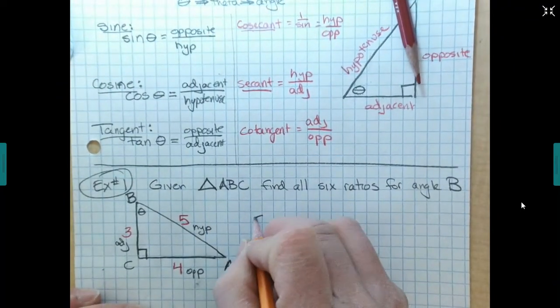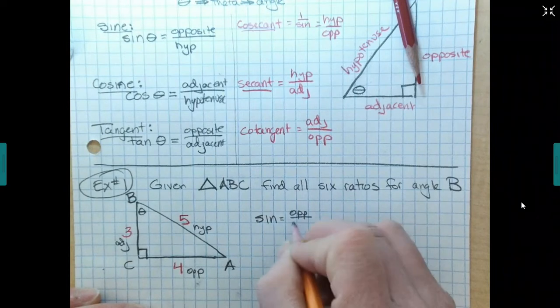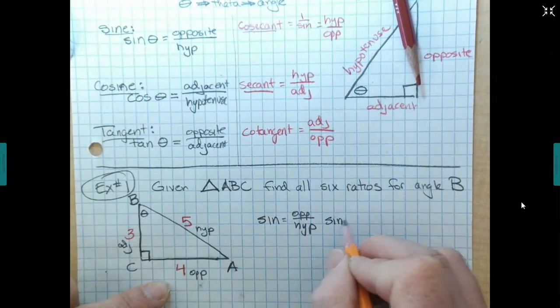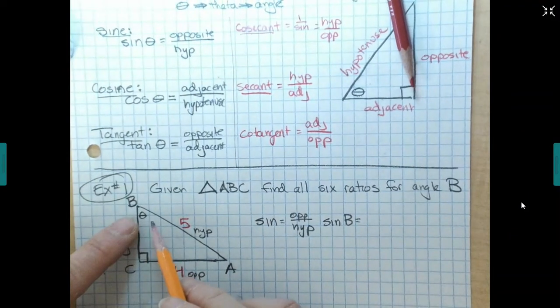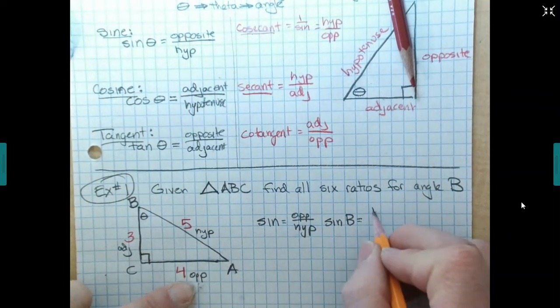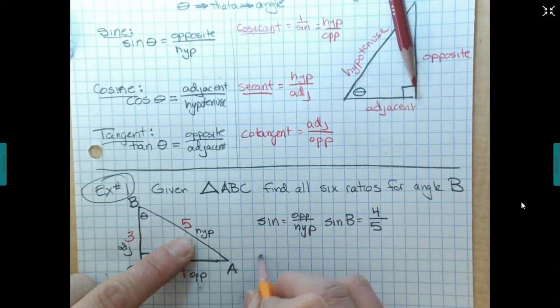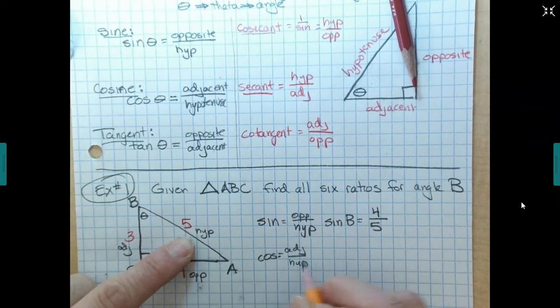This is the reason you label it, because sine is opposite over hypotenuse. So sine of B equals opposite over hypotenuse. Cosine equals adjacent over hypotenuse.